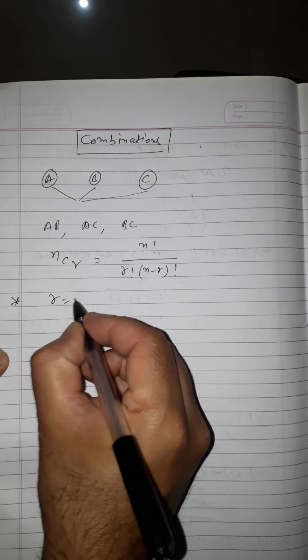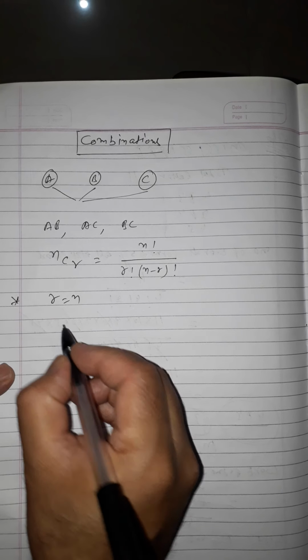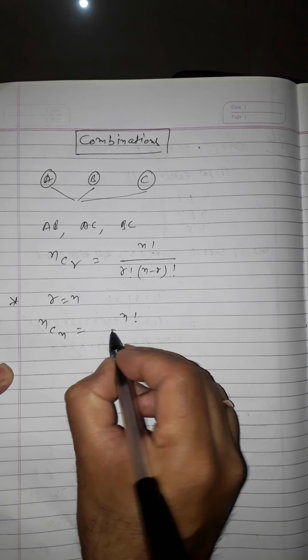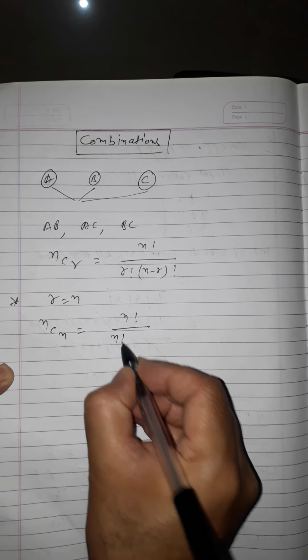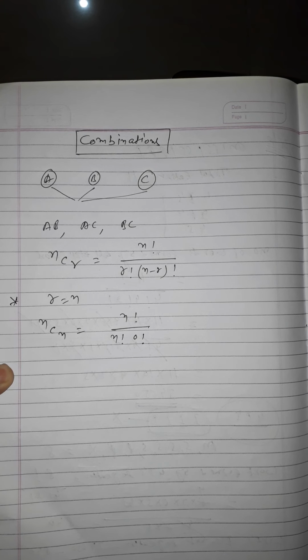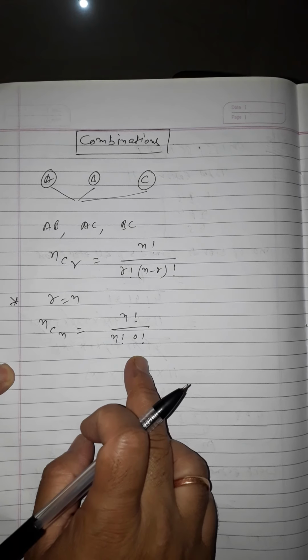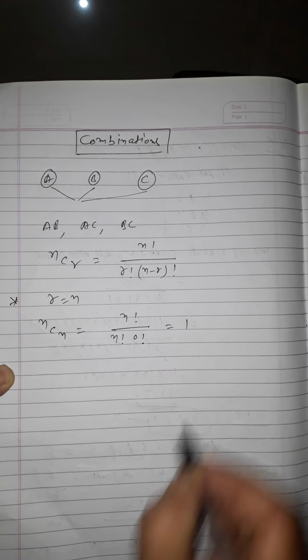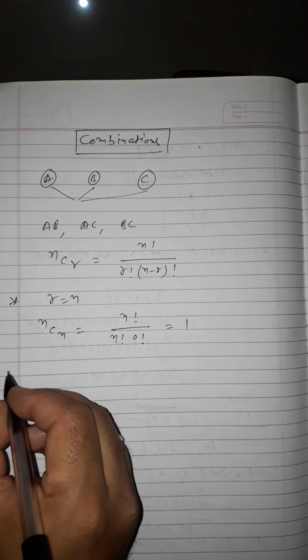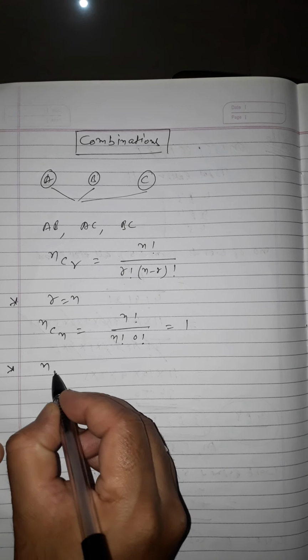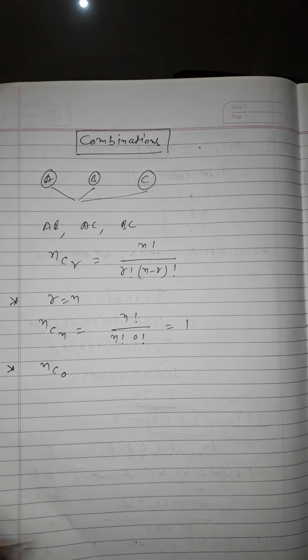When r is equal to n, then it will come as nCn, which is n factorial upon n factorial into n minus n factorial, that is 0 factorial, and I have told you students 0 factorial is always equal to 1. The n factorials will cancel out, and it will be equal to 1. Second, always remember nC0 is always equal to 1.